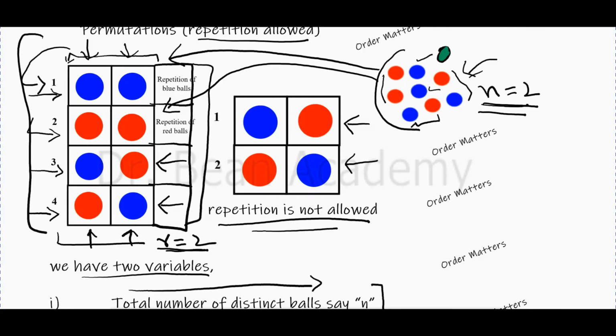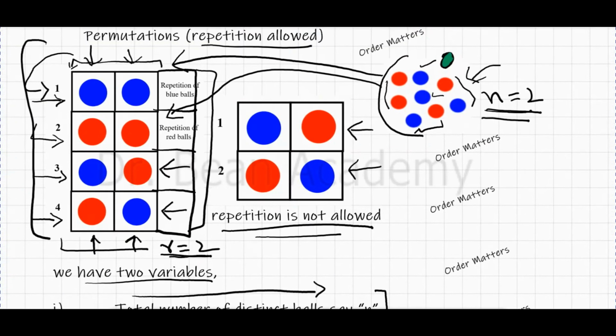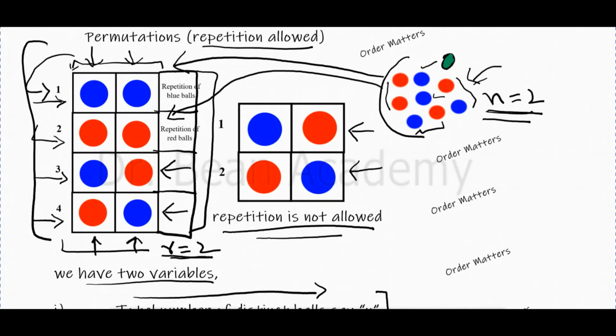If they decrease, the number of permutations will decrease. You cannot make more permutations if N and R are limited. That's why these two variables will determine it. So for example, in this situation, if I add green balls into this bucket, now N will be 3, and here R will also be 3, for example if I add one more box to the right side of this frame.